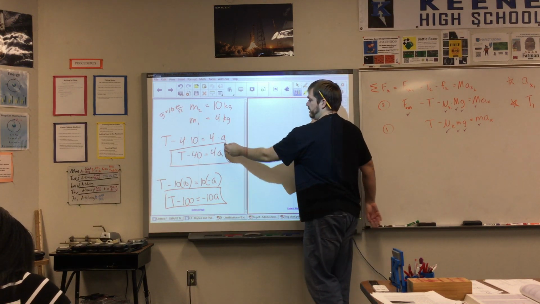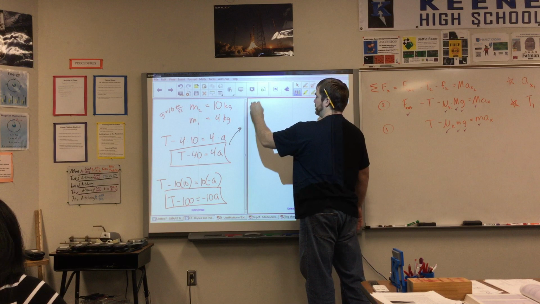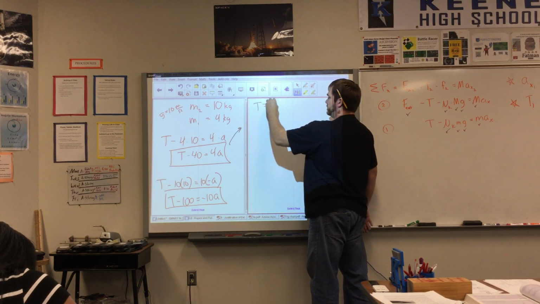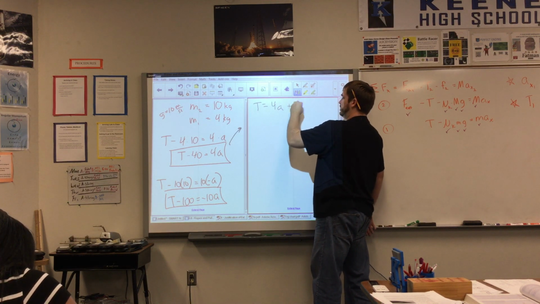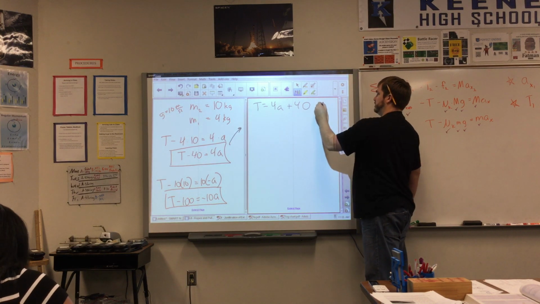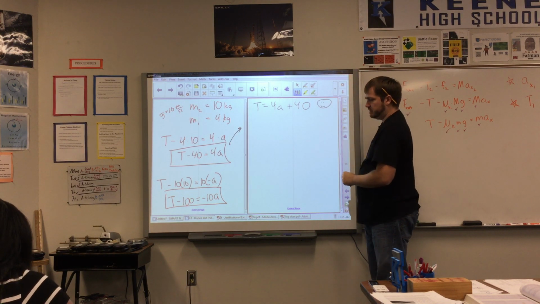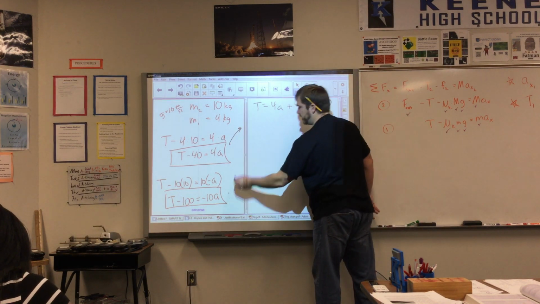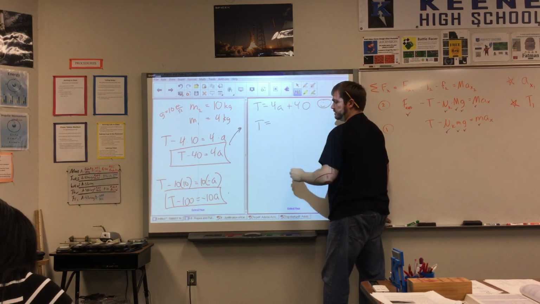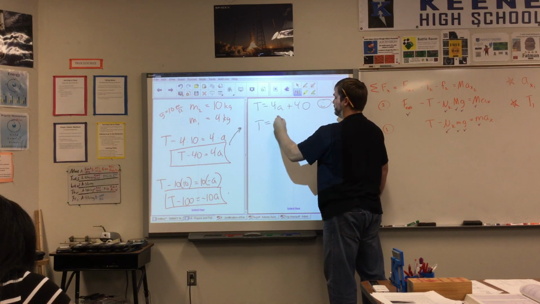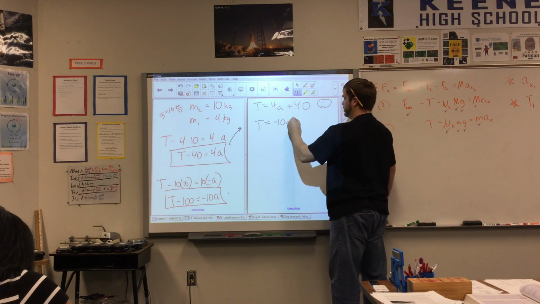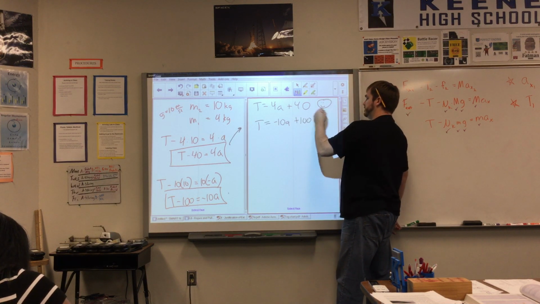So this equation, solved for T, is going to be T equals 4a plus 40. That's like a smiley face right there. And then down here I have T equals negative 10a plus 100, smiley face.